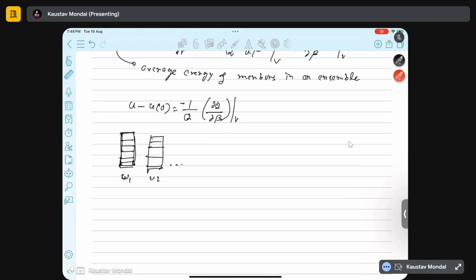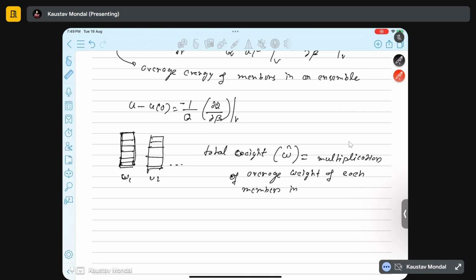So if you want to calculate the total weight of this whole ensemble, then this total weight, which we are considering, W tilde, would be simply the multiplication of the average weight of each member in the ensemble.